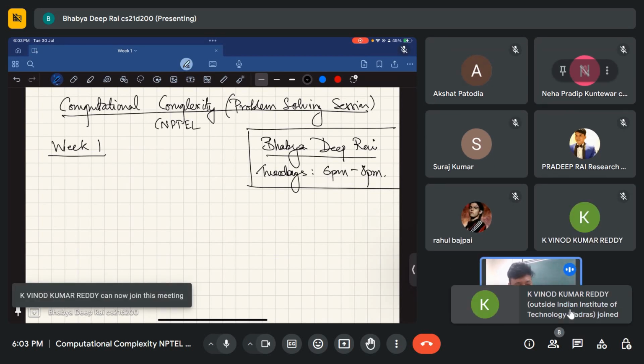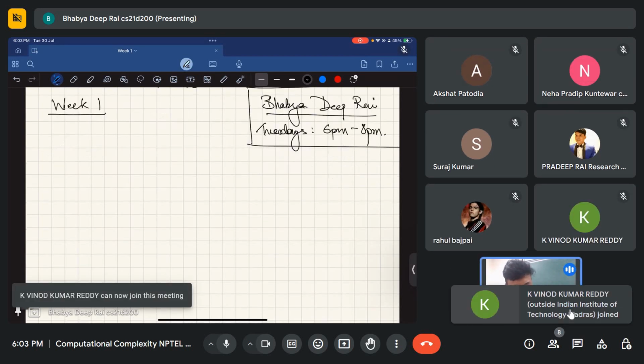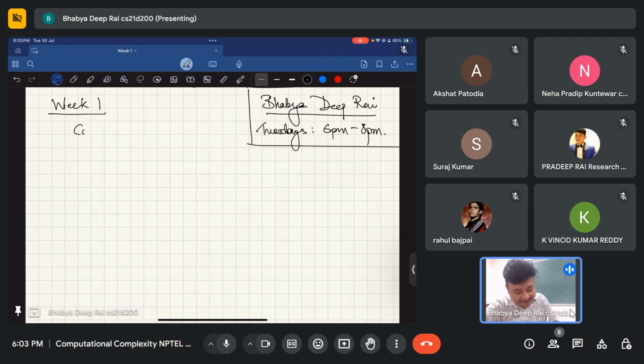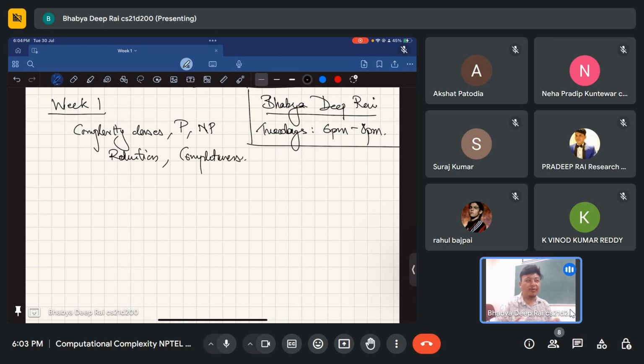Okay, so let us begin. The week one content was on the complexity classes, P, NP, right, and reductions, and a bit of completeness. I'll be focusing more on solving problems rather than the theory.